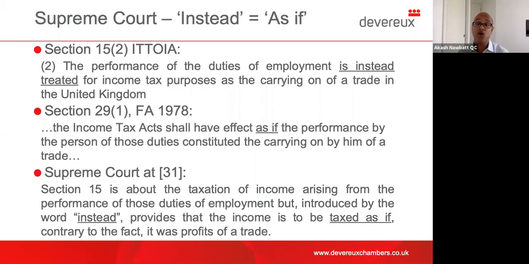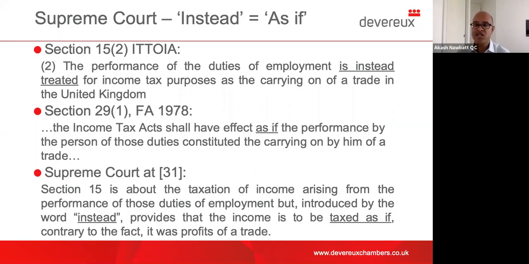Now, one leading commentator, and I think this is consistent with the judgment of Lord Justice Lewison, the minority in the Court of Appeal, has said that under that original enactment, the use of those words as if makes it clear that the deeming provision is not seeking to alter the source or alter the nature of the employment. Hence the words as if.